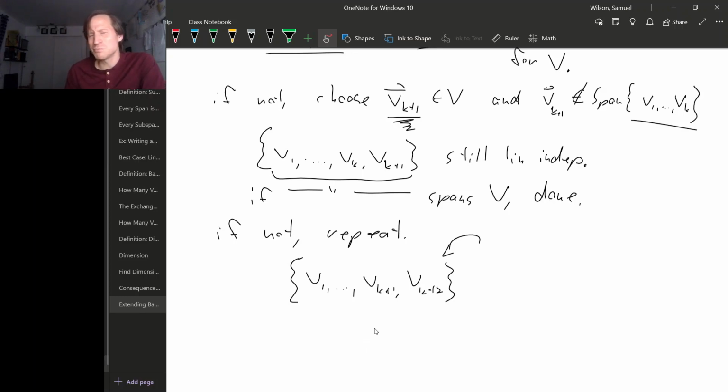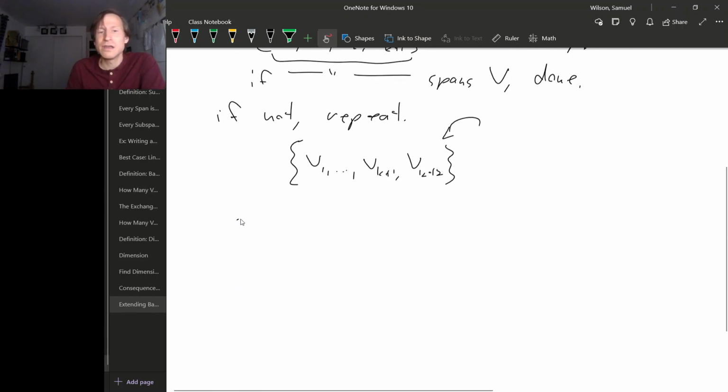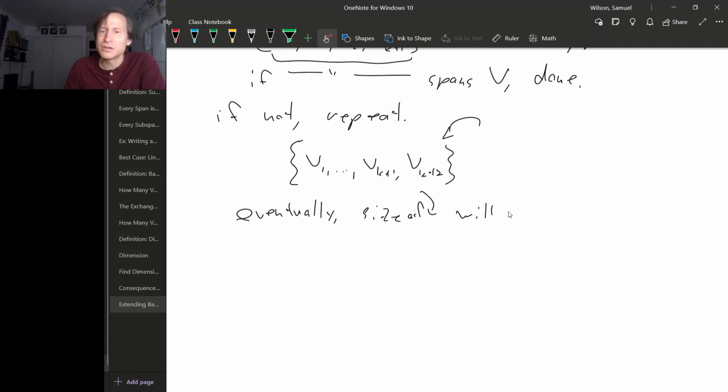But remember what we just proved. This process has to terminate, because eventually the size of this big set of vectors will reach the dimension of V. But what we just proved is, if we have a linearly independent set whose size is the same as the dimension of the vector space, then it's a basis.